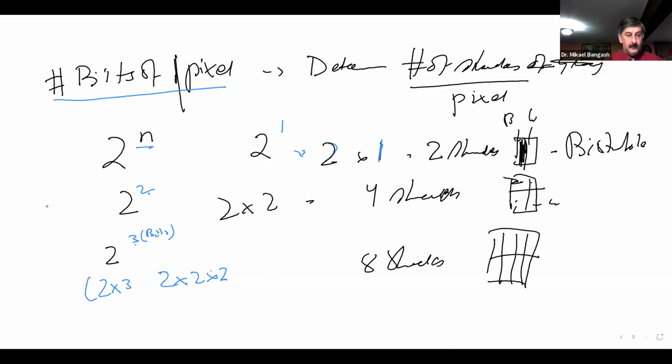Likewise, guys, if we say 2 raised to the power 4, as I just said earlier, it does not mean 2 multiplied by 4, because that becomes 8. That's what we just got here, so that's not what it means. It actually means you multiply 2 by itself 4 times.